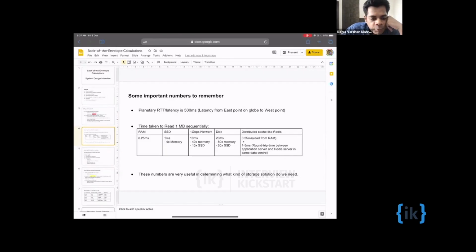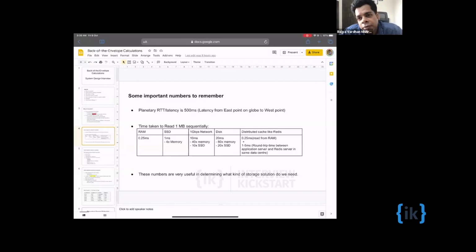Then another very important thing is how much time it takes to read from various sources of data, how much time it takes to read from RAM or SSD or network. Now, why is this important?